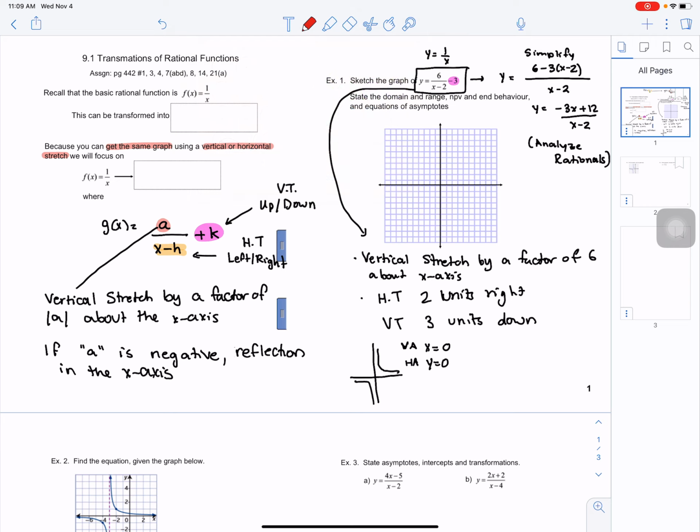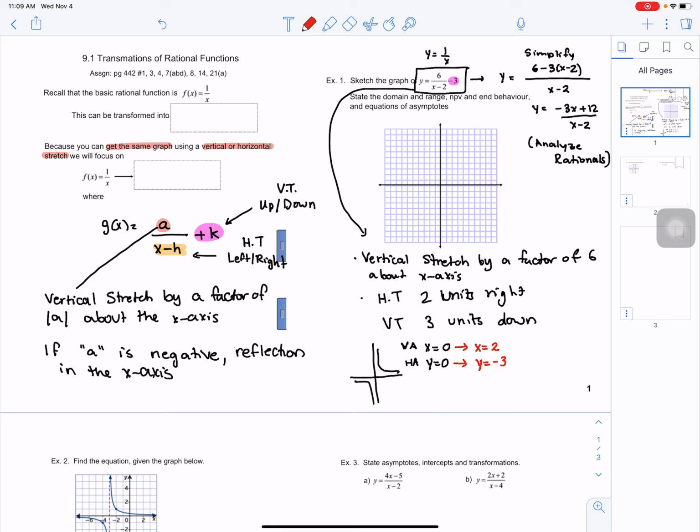A vertical stretch doesn't affect x coordinates, and a horizontal translation 2 units right would pull my vertical asymptote to positive 2. A vertical stretch by 6 of 0 is still 0, and then I'm going to move my horizontal asymptote 3 units down.